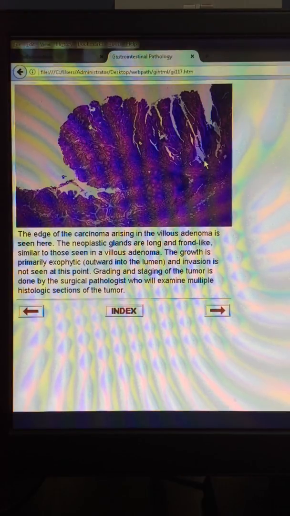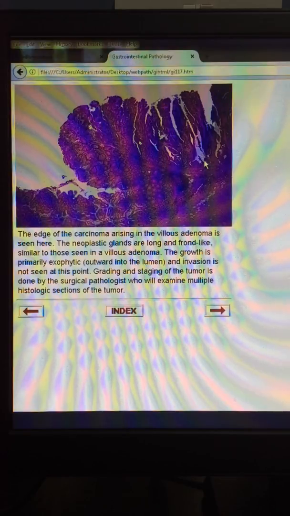Moderately differentiated means the formation of crypts is less than the well-differentiated type, and poorly differentiated means we cannot recognize the tissue of origin of this tumor. Okay? This is the meaning of grading.